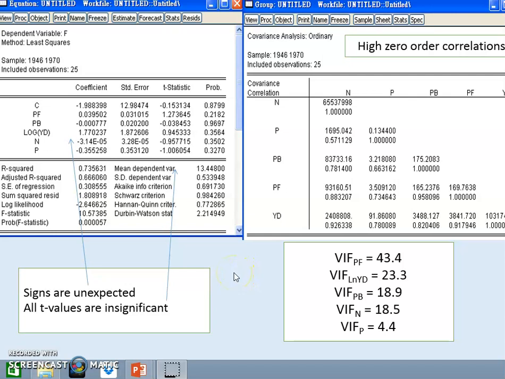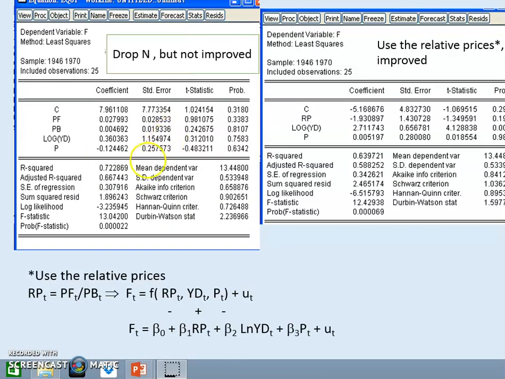So let's look further. Okay, if we want to drop a variable, we cannot drop the variable of price, definitely income, definitely price, other good price. Because this is in the theory, it always stays there, so we cannot drop a relevant variable.